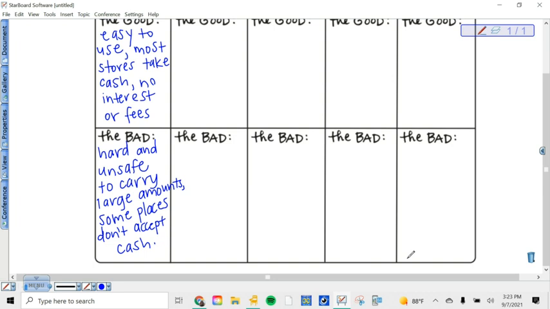How about checks? What's good about checks? Any ideas? Good thing about checks is they can get put in immediately instead of being put in cash and having to go somewhere else. Yeah, so I think what you're saying is it's an easy transfer from bank to bank, right?